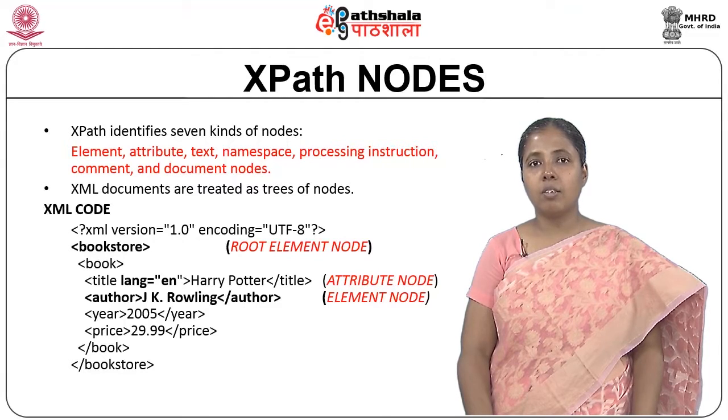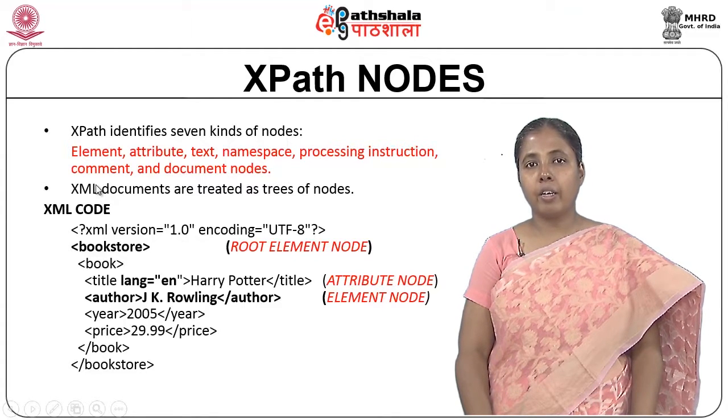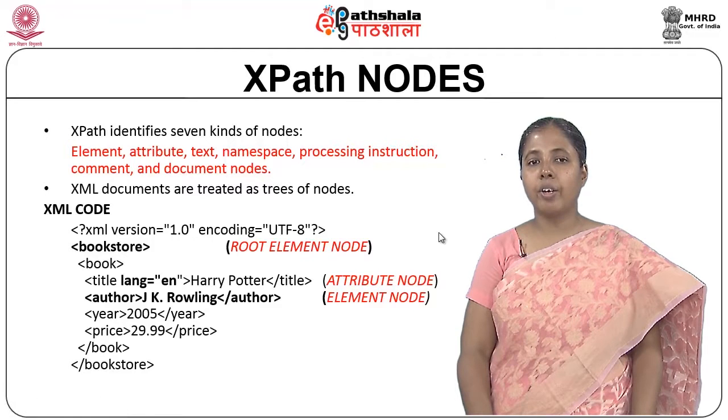First of all, XPath identifies 7 kinds of nodes in an XML document. The nodes are categorized as element node, attribute node, text node, namespace, processing instruction, comment and document nodes. And XML documents are treated as a tree of nodes, as we have seen in the previous modules.